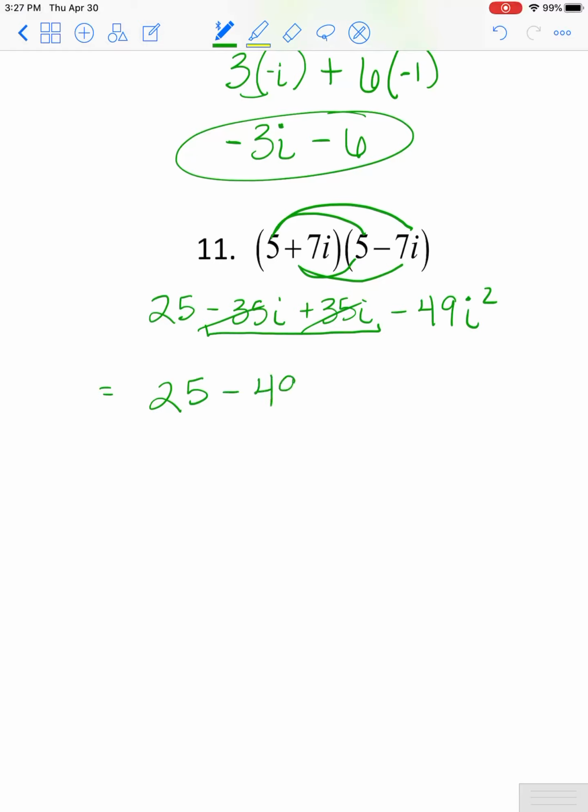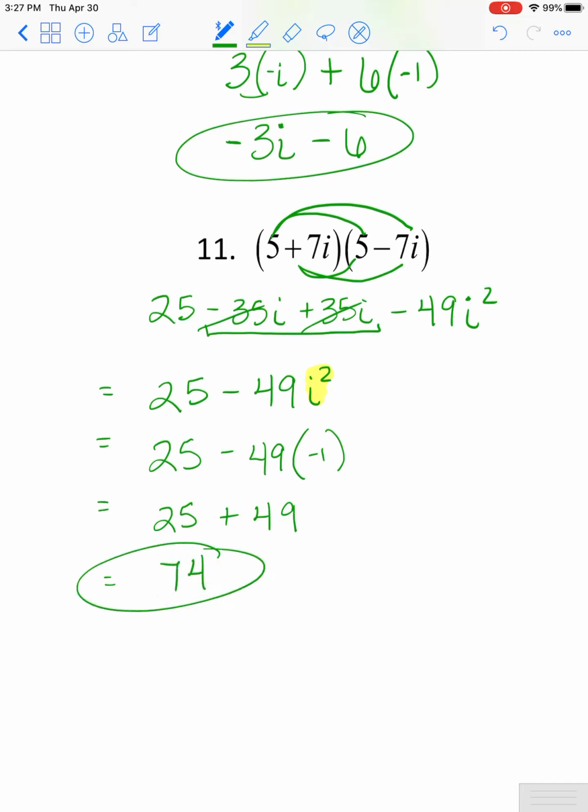These actually cancel out, so I'm left with minus 49i squared. Just like before, I know that i squared is a negative 1, so this gets me 25 minus 49 times negative 1, which is really 25 plus 49. So then my final answer would be 74.